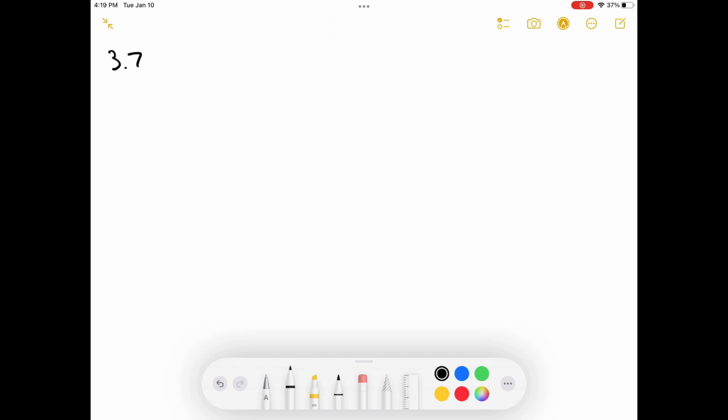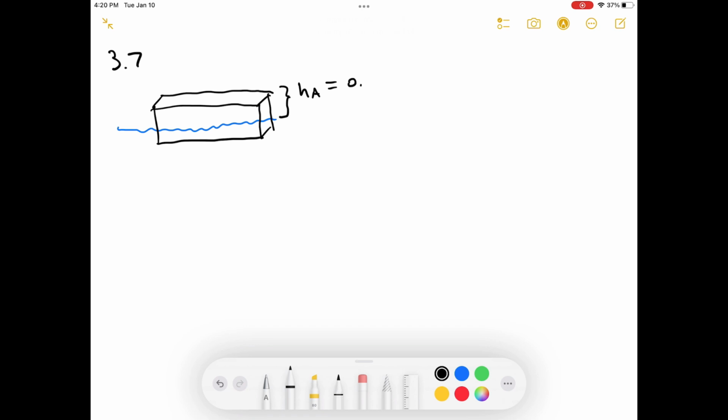Let's draw a picture of what we've got. So we've got water here, and this is pure water, and we've got a block floating in the pure water. In the pure water, we've got a height here that I'll call height A, which is equal to 0.5.